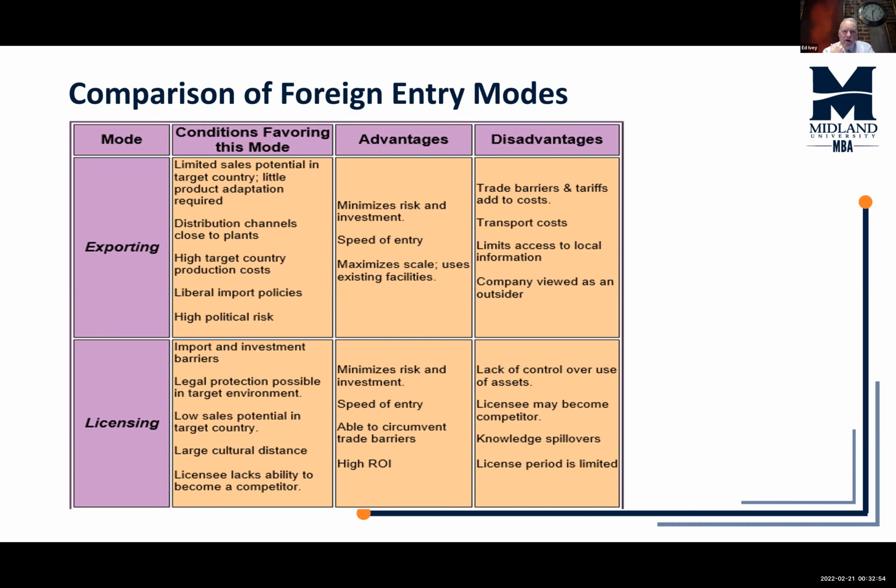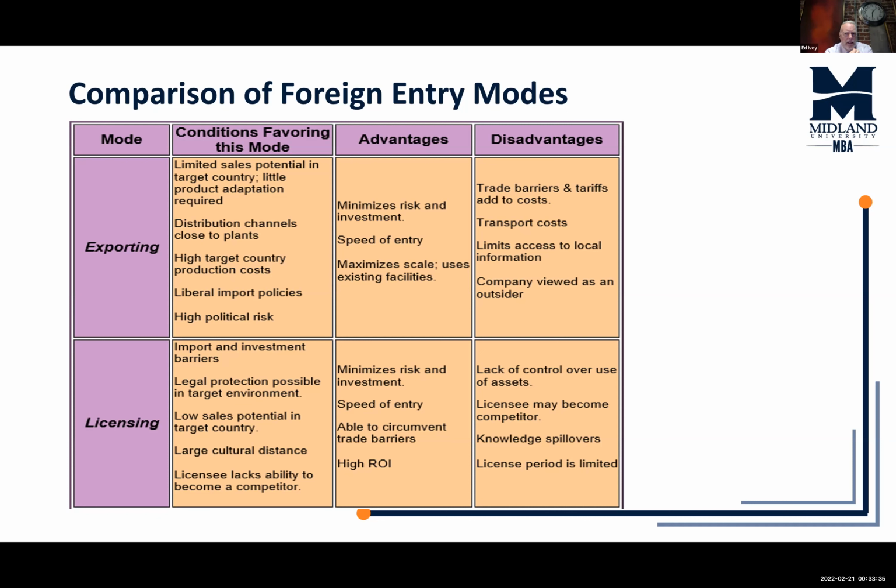So as part of favoring licensing, when that licensee could not become a competitor, again, depending upon how well that licensee does with your particular product, perhaps that licensee could become a competitor. And as well, when we talk about knowledge and the license period, are you giving away the farm, so to speak, just to get your product quickly into another country, but you've lost those rights?